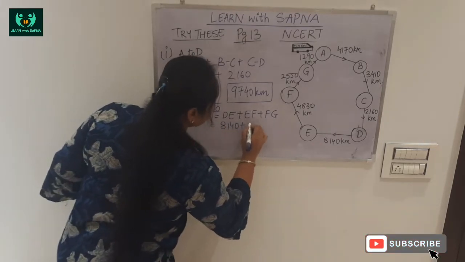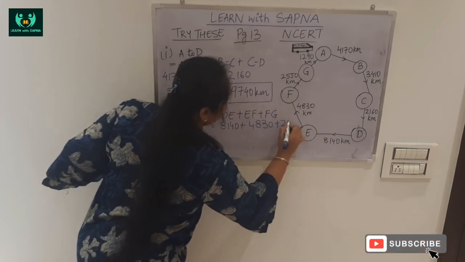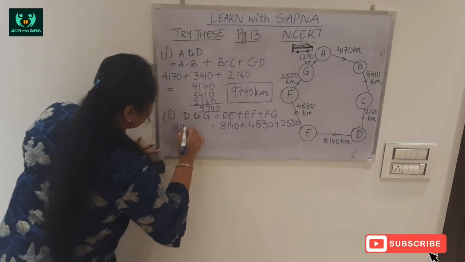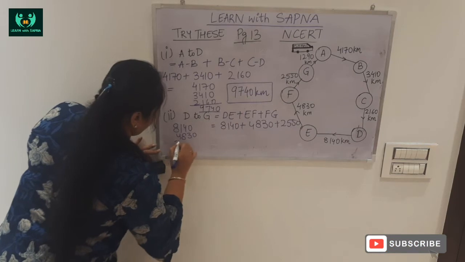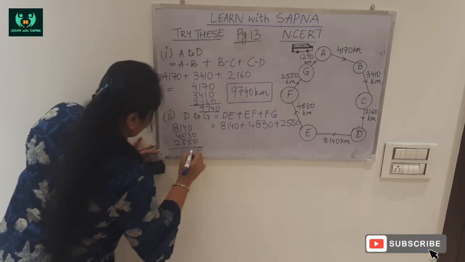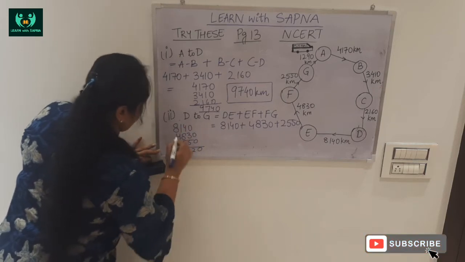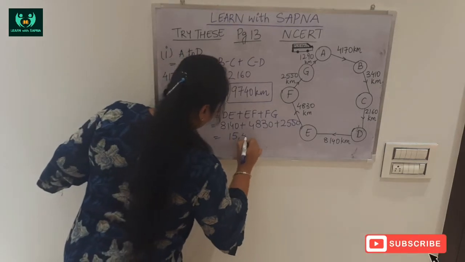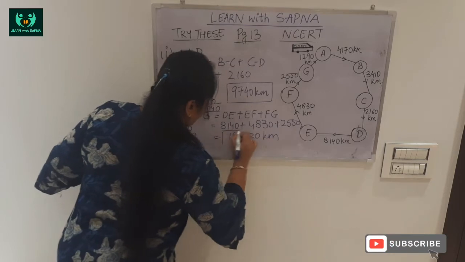8,140 plus 4,830 plus 2,550. Let's add. This becomes 15,520 kilometers.